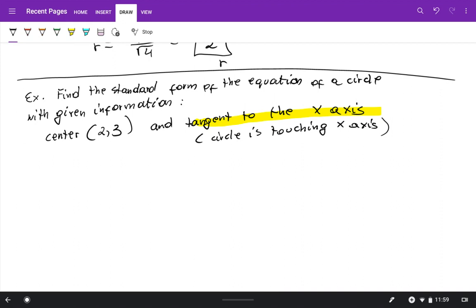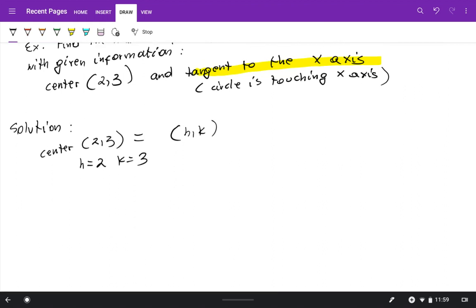Okay, so solution. So we know the center, you have 2, 3. So the center in the standard form of the equation of the circle is h, k. So we know that h is equal to 2, k is equal to 3. Okay. Now you need to find the radius.